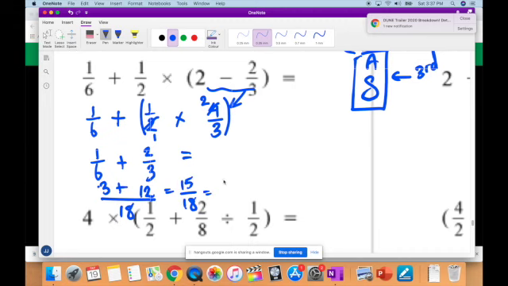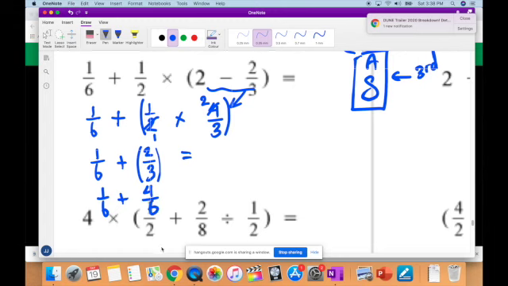And you'll end up with 5 threes are 15 and 6 threes are 18, right? So 5 on 6, right? There's another way to do it though. The other way is seeing that this 2 on 3, if you represent it as an equivalent fraction, is 4 on 6.